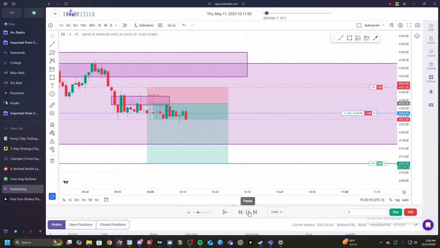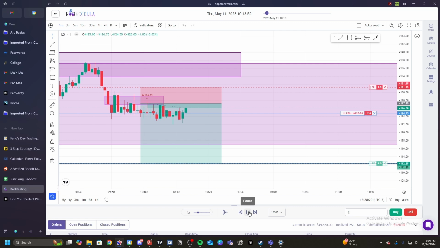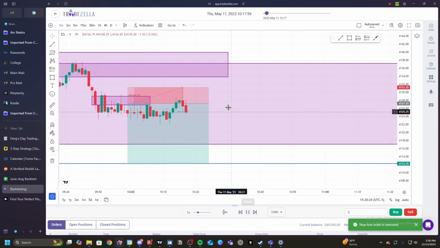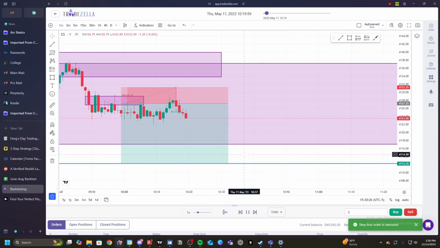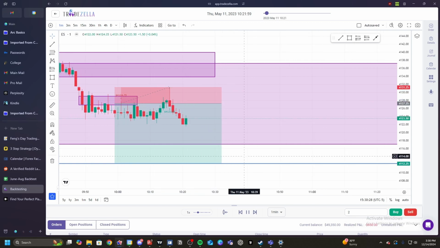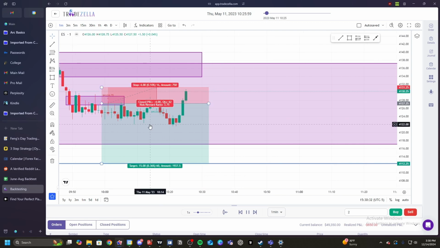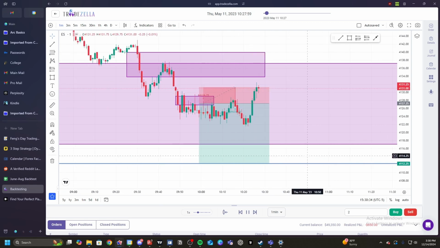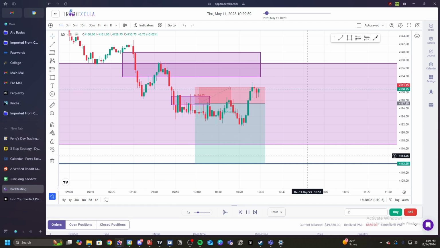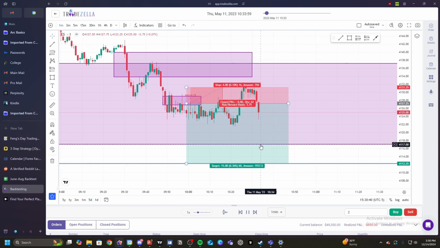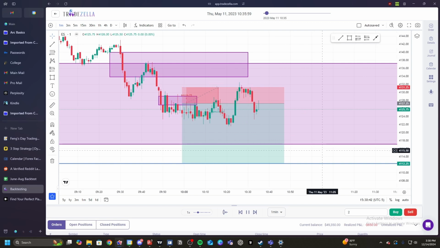Oh, it's struggling to move lower. Unfortunately, we got stopped. That's insane. I'm thinking we go to this low though. Check out these. No. Okay, the stop saved us. Just moving back and forth.